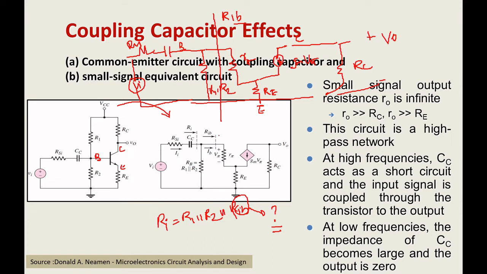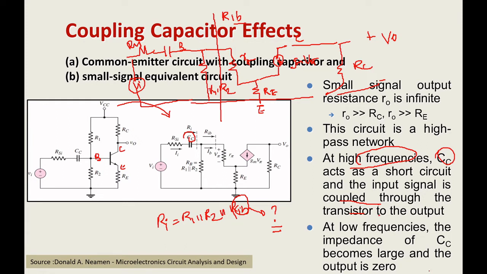Another important thing you can see in this slide: at higher frequency, CC is acting as a short circuit and allowing all the signal to the output element, that is through the transistor to the output. It is coupled from the transistor to the output.